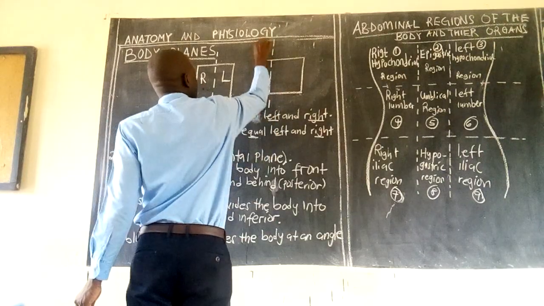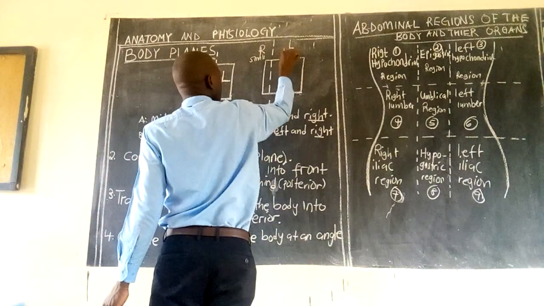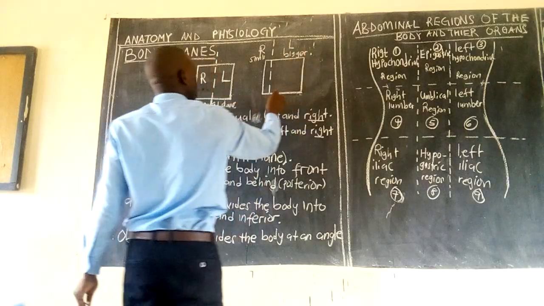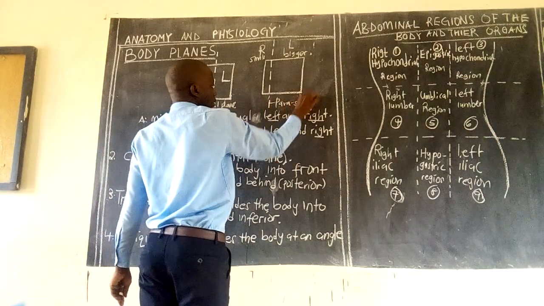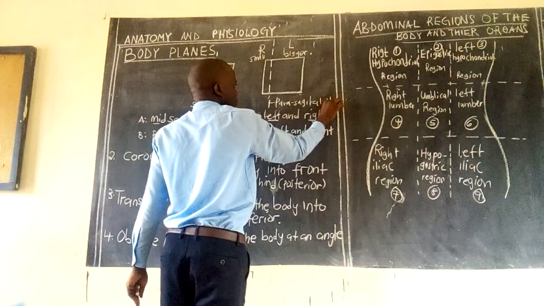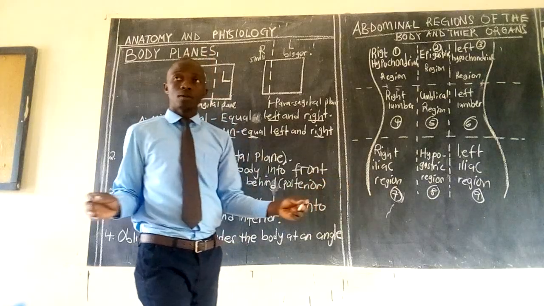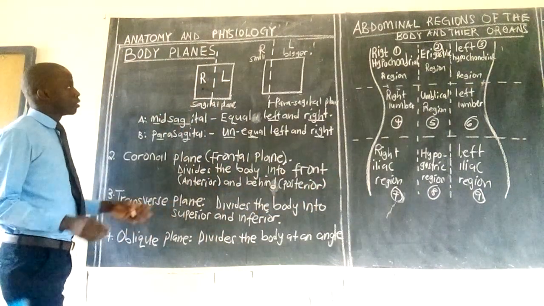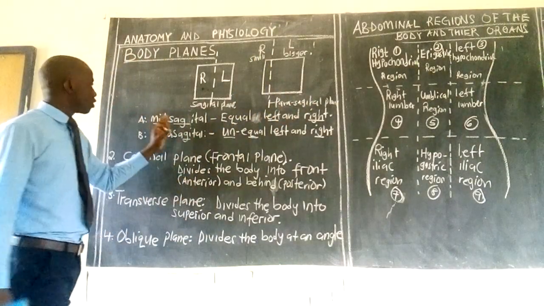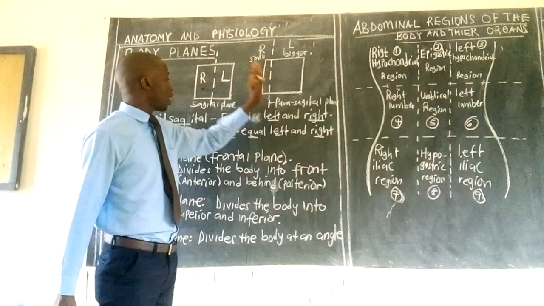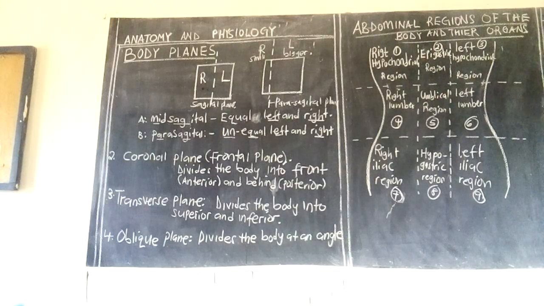So the right is smaller, the left is bigger. That is what we call the parasagittal plane. So the right and the left are not of equal sizes. For mid-sagittal, it divides the body into equal left and right. Those are sagittal planes.